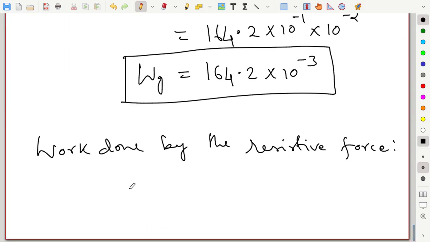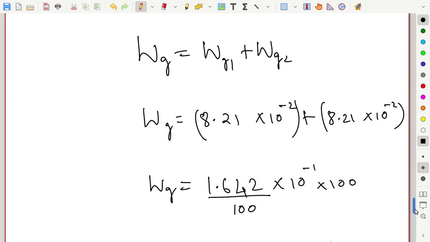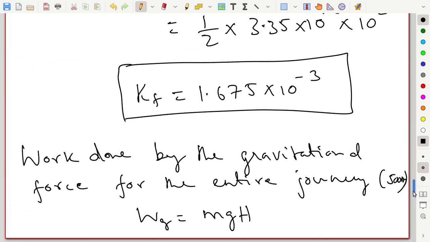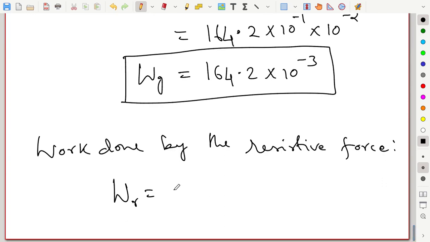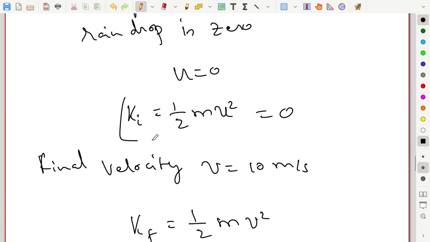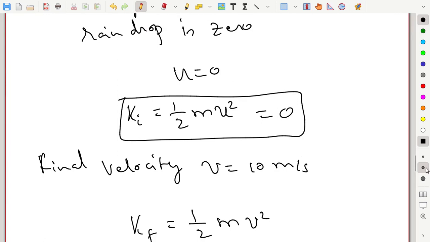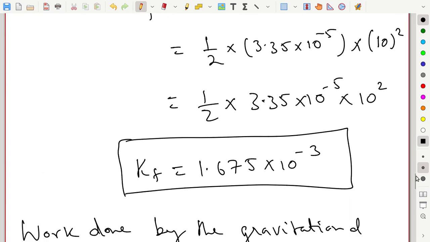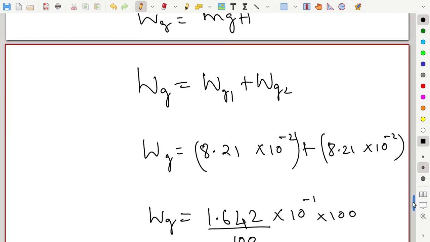So for the work done by the resistive force, Kf we found as 1.675 into 10 power minus 3. K initial is 0, as we have already worked out. K final is 1.675 into 10 power minus 3.